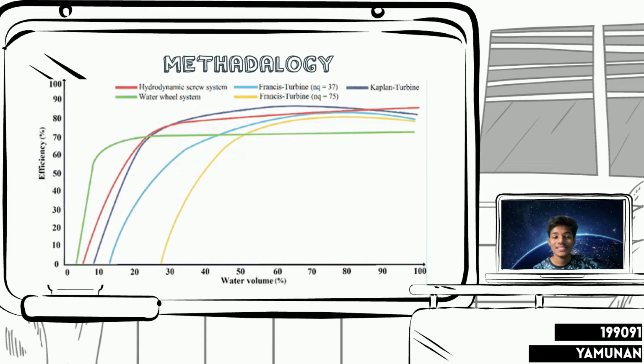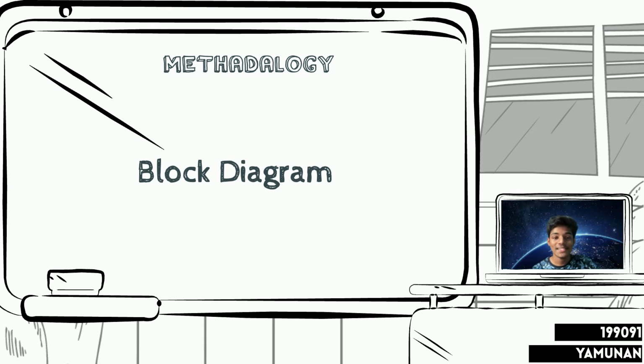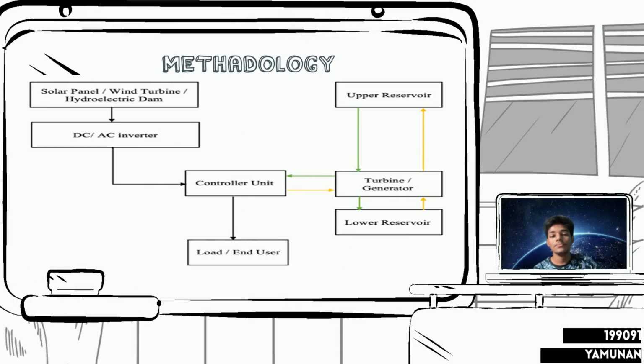Last but not least, the block diagram. As you can see, there is a solar panel and a wind turbine or hydroelectric dam. When electricity is generated from the renewable energy sources, it undergoes a DC to AC inverter, which makes it more efficient to transport the electricity.